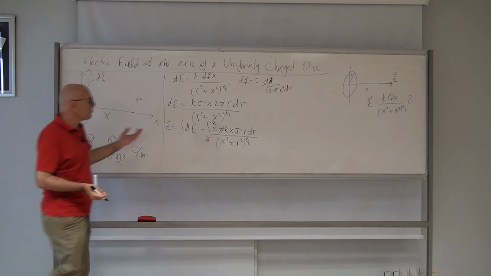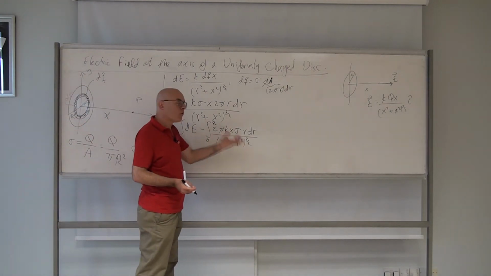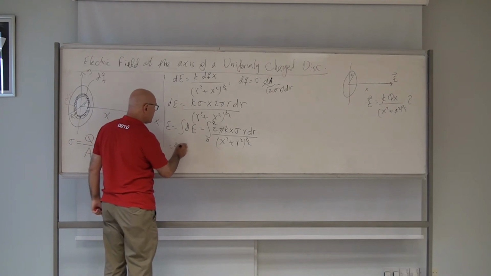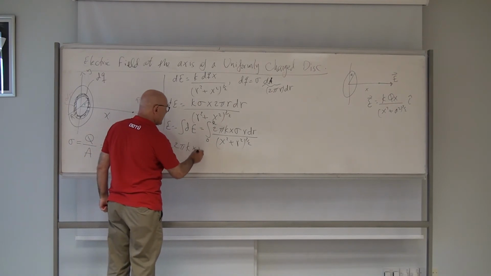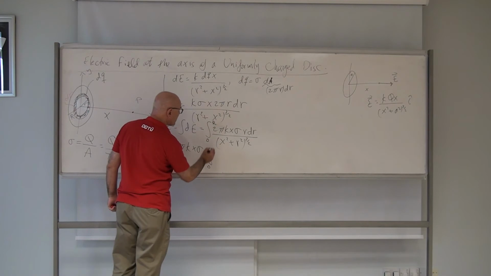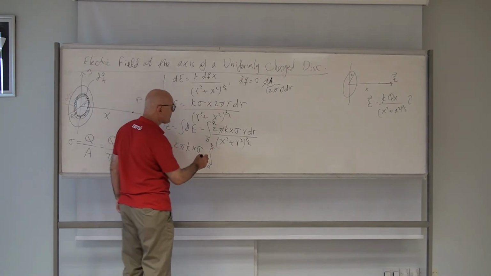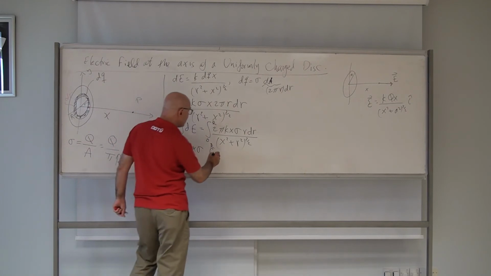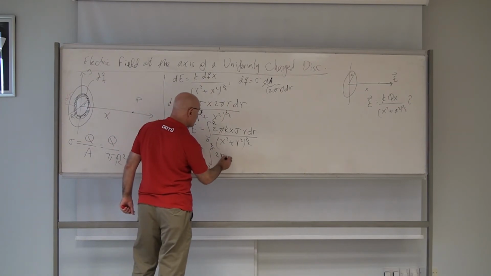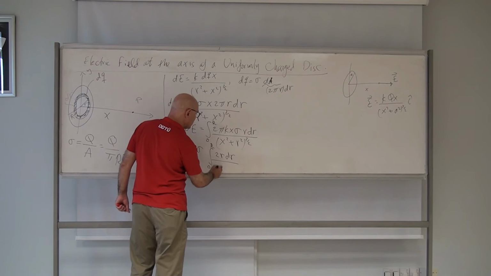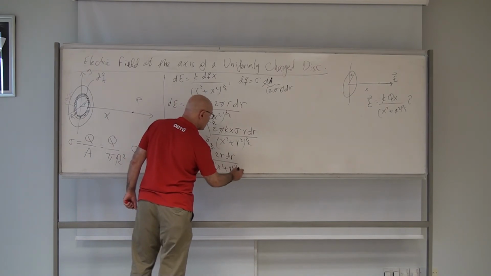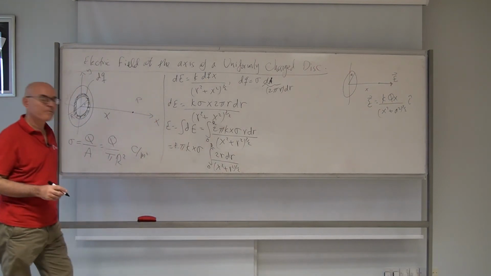Now I know that 2 pi k x sigma, all of these are constant. I take them outside the integral, and I get 2 pi k x sigma times the integral from 0 to R. You can keep this as r dr divided by x square plus r square to the power 3 over 2.